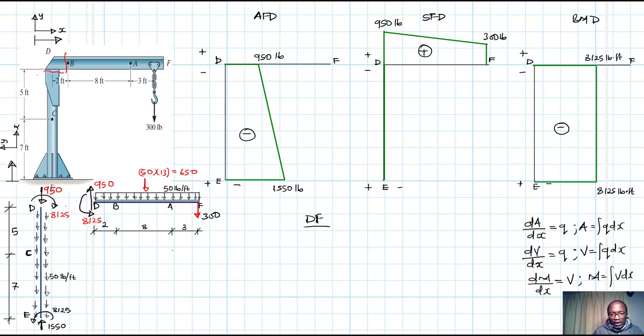That is our boundary. All right. So let me use blue. So we'll move from there. It will have a magnitude of 8125 pounds feet. All right.